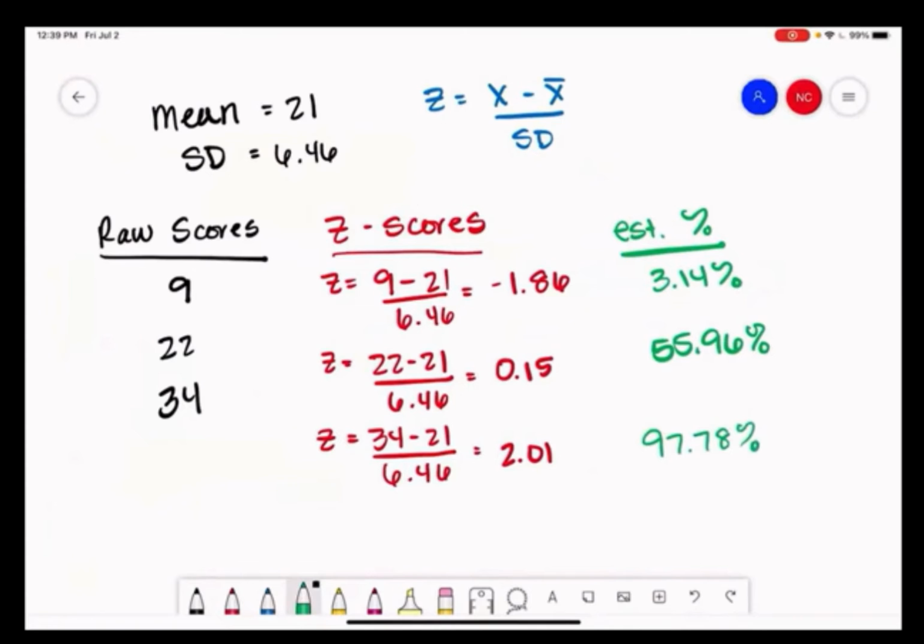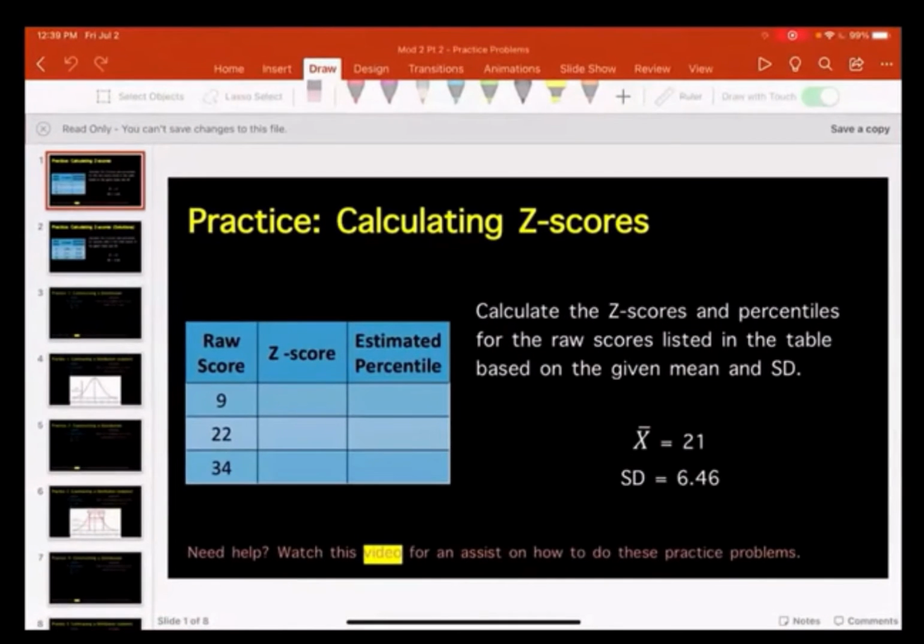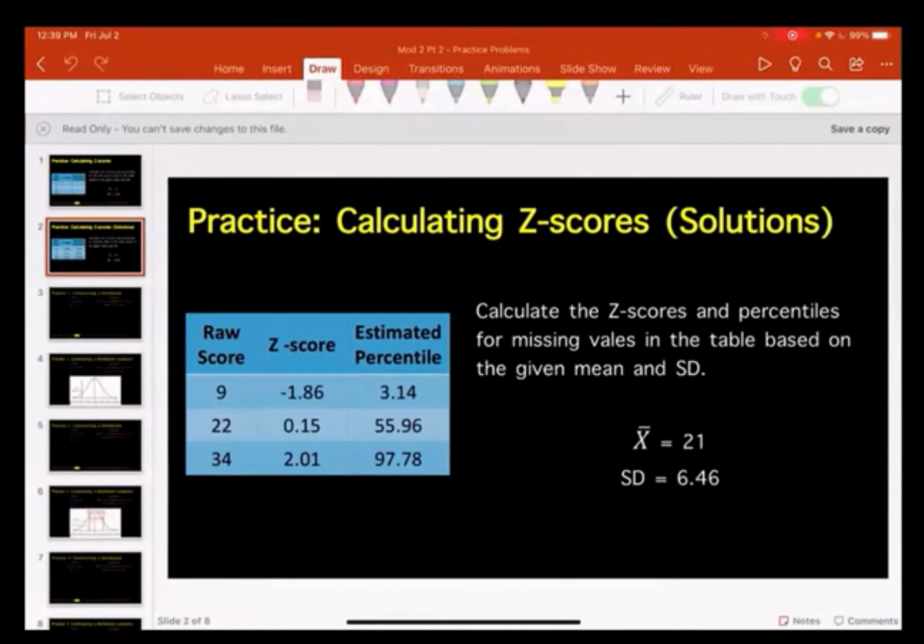So we could say that 97.78% of our data points in this distribution lie at or below 34. Okay. So those are our first examples. And if you go to the next slide, we can see that our answers do check out.